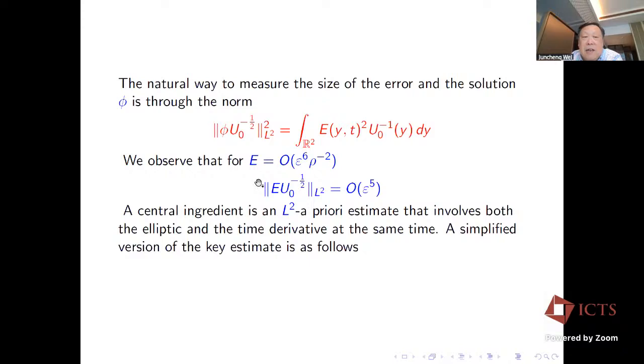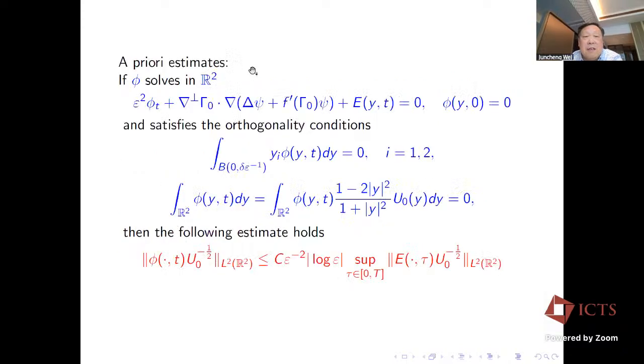The natural way to measure the size of the error and the solution is this norm, epsilon square and U0 minus 1. With this norm, the right-hand side error we get is epsilon to the 5. The essential ingredient is an L2 uphill estimate that involves both the elliptic part and the time derivative at the same time. A simplified version of the estimate is as follows. This is the uphill estimate. Suppose phi solves this transport equation.